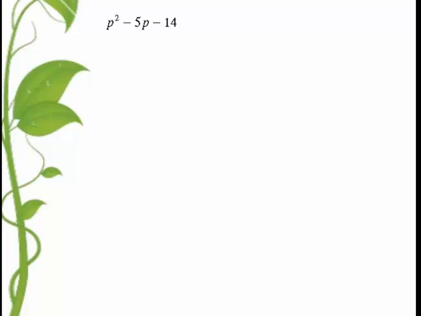And for this example, I have p squared minus 5p minus 14. Factors of 14. And that difference, if I do 1 and 14, the difference is 13. If I do 2 and 7, the difference is 5.